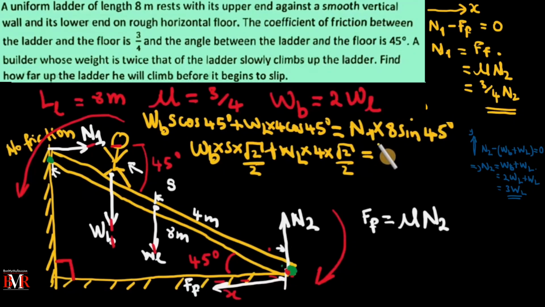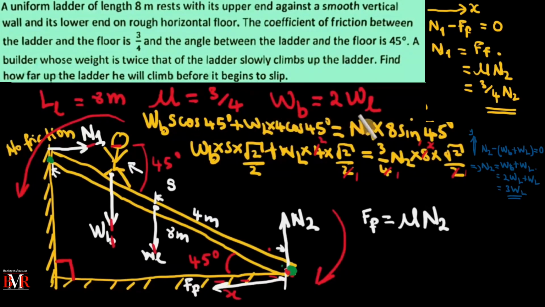So here I'll put 3/4 N2 times 8 times root 2 over 2, since sine 45 is root 2 on 2. Root 2 here can cancel, 4 here 1, 4 here 2 times, and again 2 here 1, 2 goes into 2 one time.